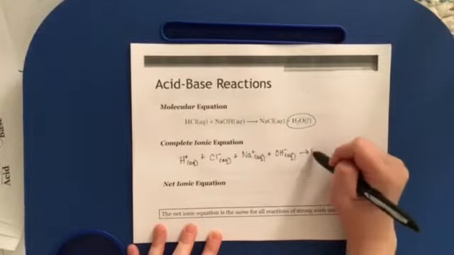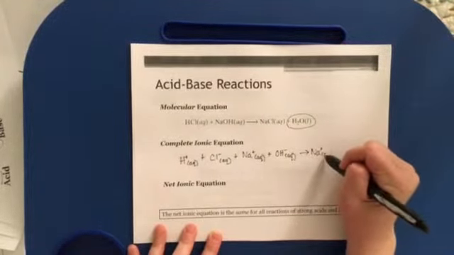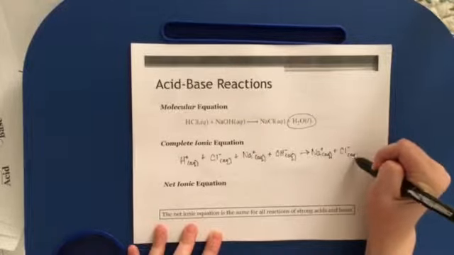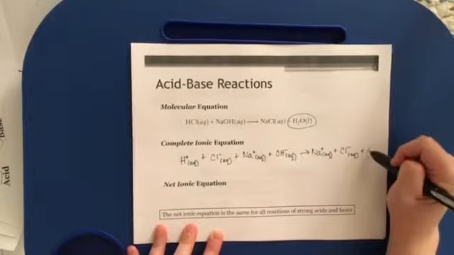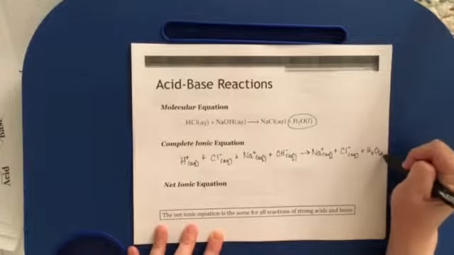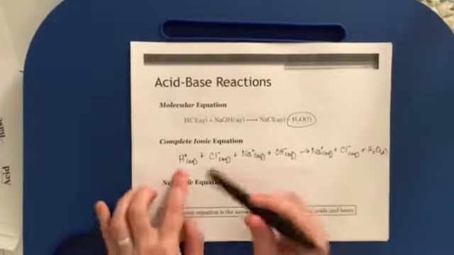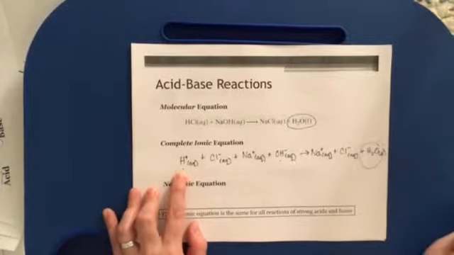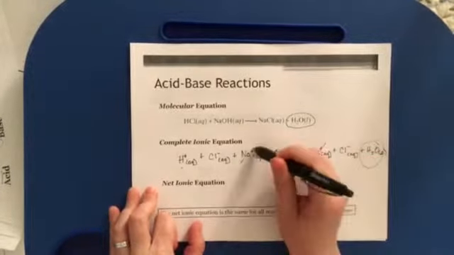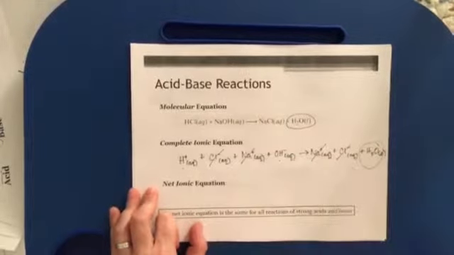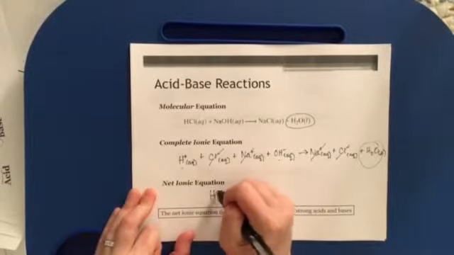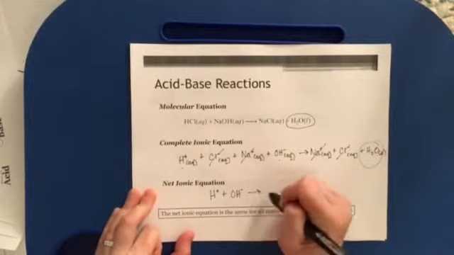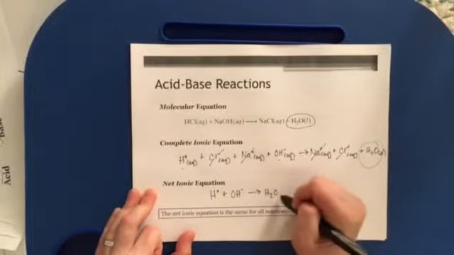When you mix that together, you've got aqueous sodium again, aqueous chloride, but then liquid water is what you're forming. Those aren't ions anymore. When the H sees the OH minus, it forms water. So then we can cancel spectator ions. We've got H plus OH minus forms H2O liquid.